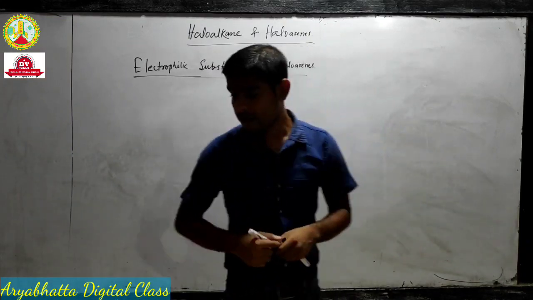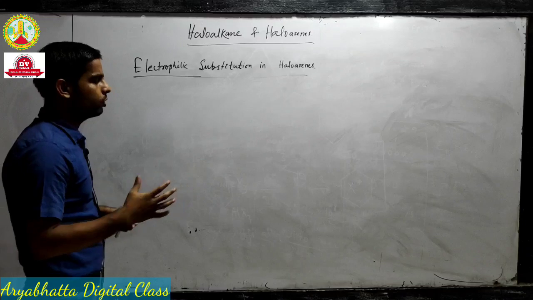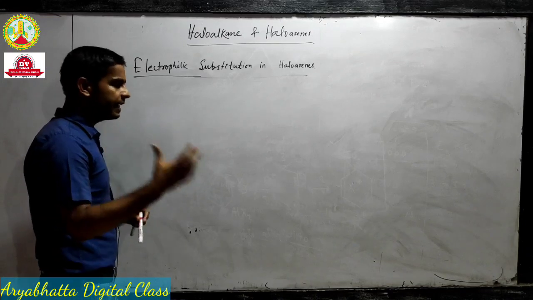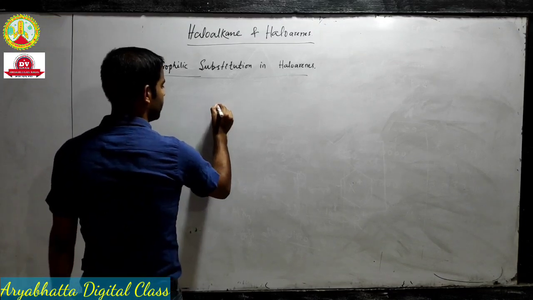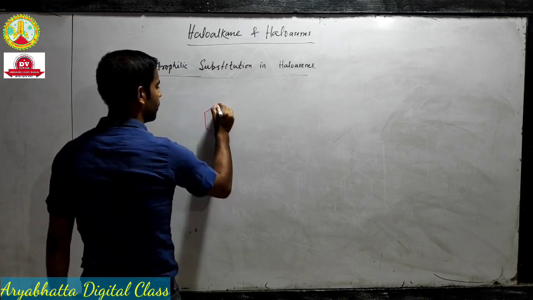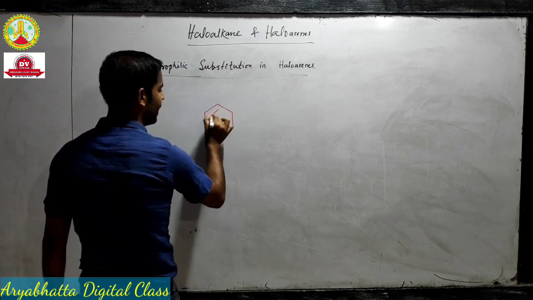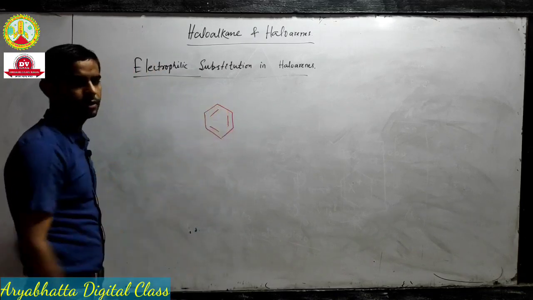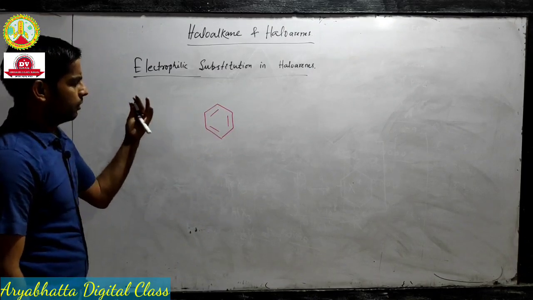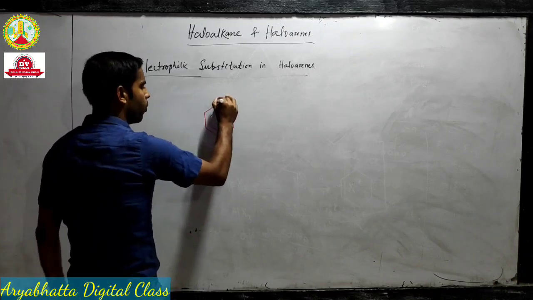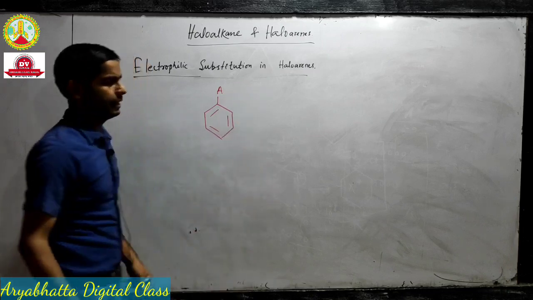I have taught you this earlier, but I am repeating it. In the two examples I took a plain benzene ring, but sometimes we can already have a group present here.